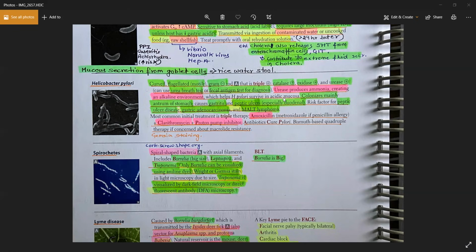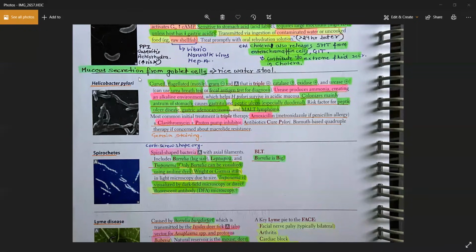Very important, they can also ask you about which part of the duodenum they will cause the ulcer. It would be the first part of the duodenum. If Step 1 mentions ulcers in the distal part of the duodenum or maybe the jejunum, it won't be a case of H. pylori infection. It would be Zollinger-Ellison syndrome.